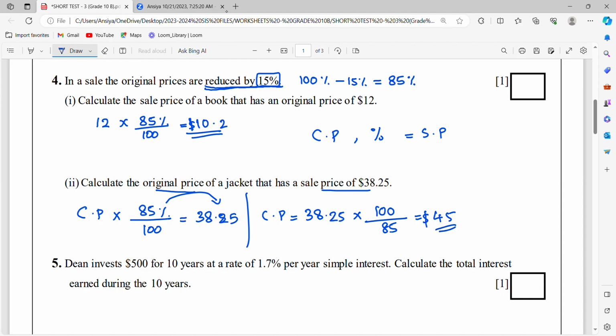The cost price, the original price, was 45 and the sale price is reduced. So correct. Okay, so remember this. Cost price times the percentage gives the sale price. So whether the percentage is increasing or decreasing, if you remember this, it will be easy for you.